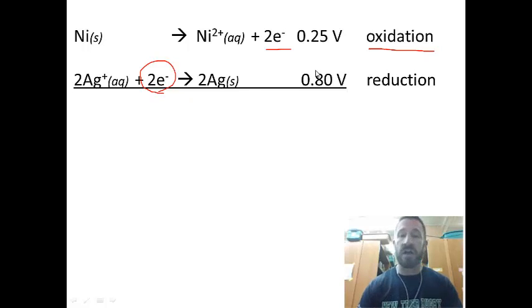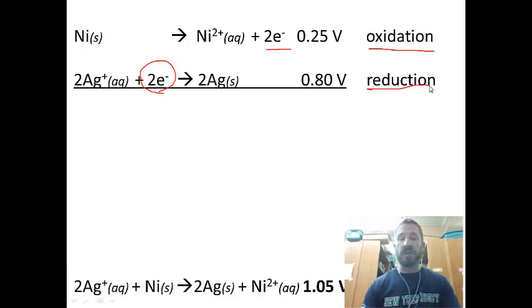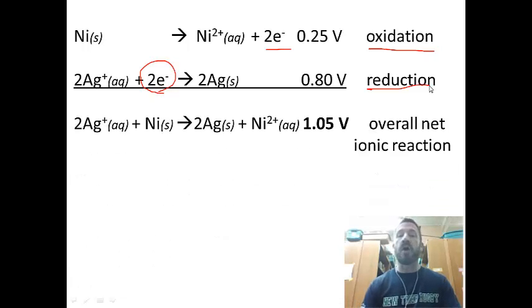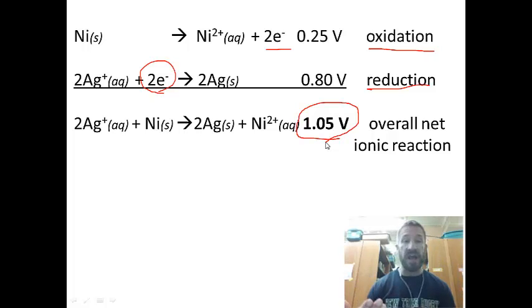Gained electrons, reduction. So this is our reduction. And then we combine those and we get the overall net ionic reaction, and also this is the voltage of the cell. Notice it is spontaneous because we have a positive voltage. If we did the reverse reaction, if we did the wrong one, we would have had a negative 1.05, and that would have told us that would not have occurred because we had a negative value.